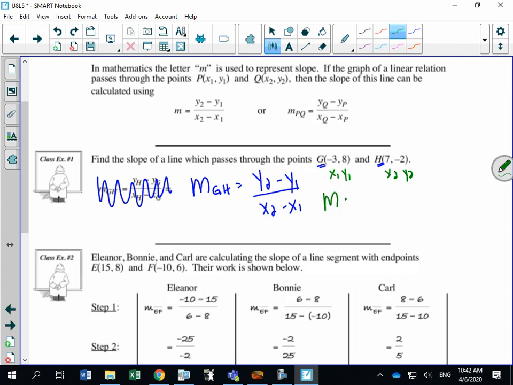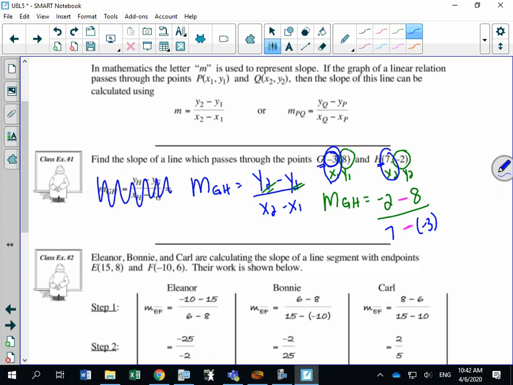So the slope of line segment GH is equal to y2 minus y1. So there's y2. Then I must put a minus, and then y1. So that's 8 over x2. So here's x2, 7. You have to put a minus, and then x1. x1, you guys, is negative 3.